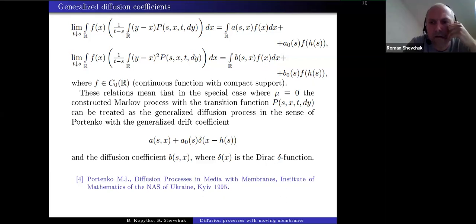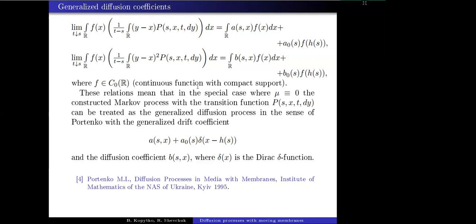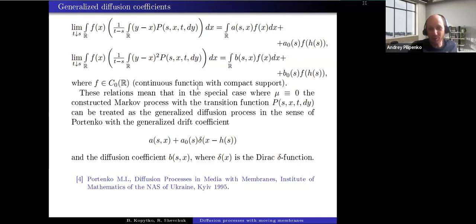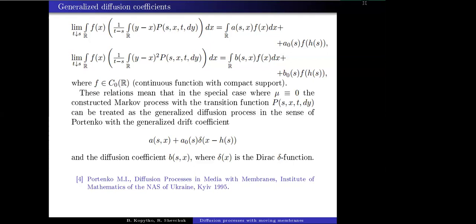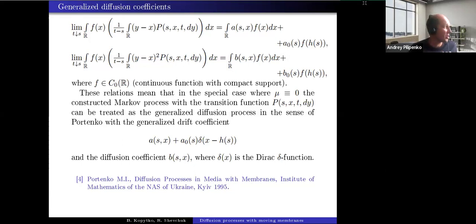So we can prove that it is discontinuous in this case, or what? Which process, by the way? I believe that if mu is not 0, then the constructed Markov process is discontinuous. So probably mu is like a jump, or what? Yes, mu is like a jump measure, the intensity of the jump measure from the membrane.